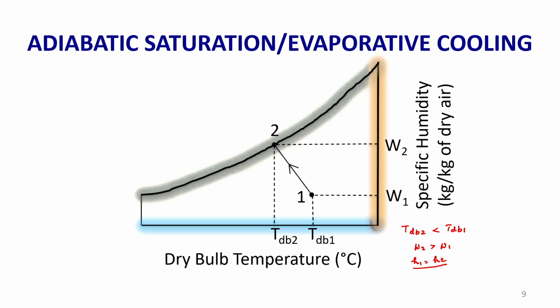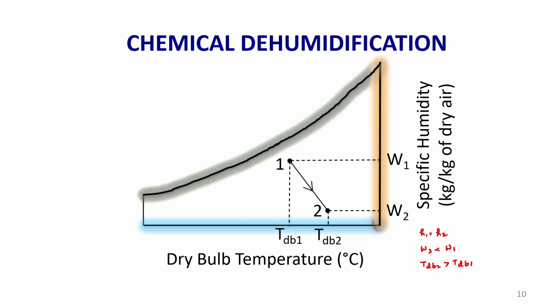In evaporative cooling, the outlet dry bulb temperature is less than the inlet, because the air is cooled. In case of chemical dehumidification, the dry bulb temperature of the air at the exit of the device is more than the inlet dry bulb temperature. Enthalpy remains constant in both the cases.